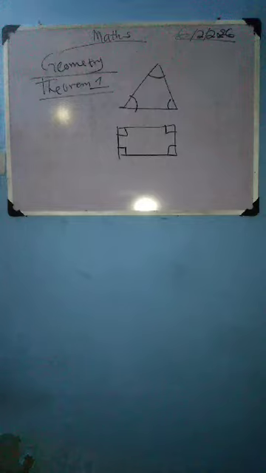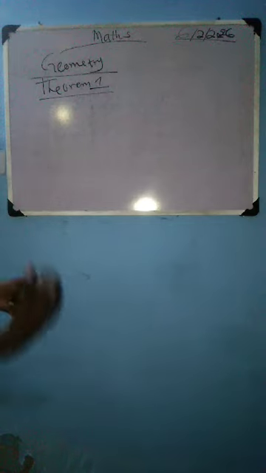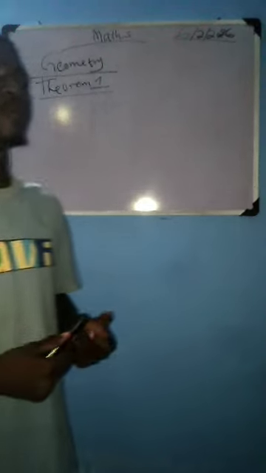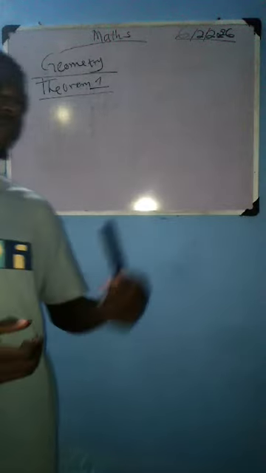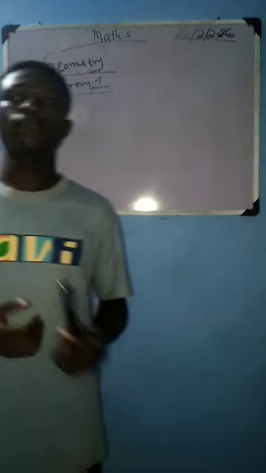Basically there are two types of shapes that we have. We have the flat shapes or plane shapes, and we have the solid shapes. Plane shapes include triangles, which have three sides. Quadrilaterals have four sides and four angles.